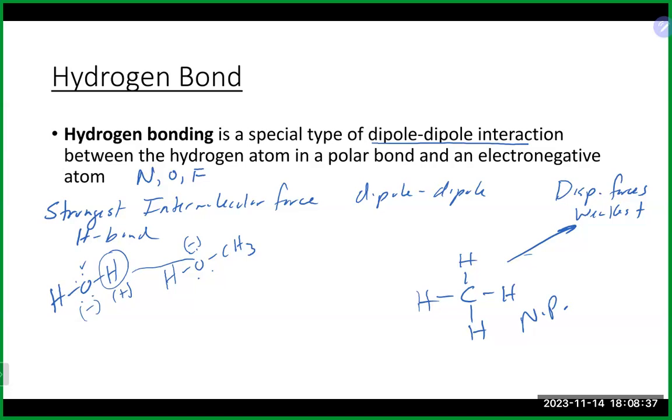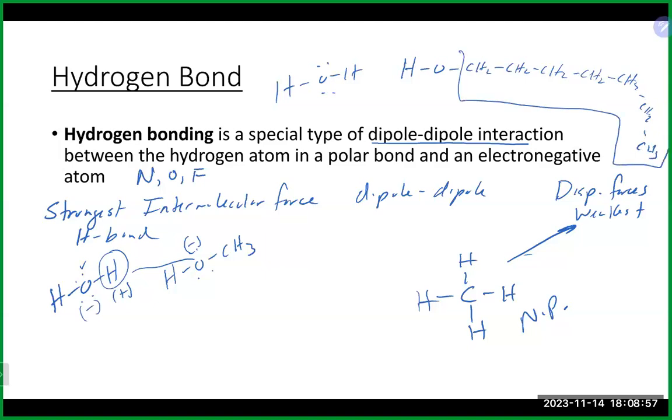Now, if you try to do that same thing with not methanol, but you add a lot more carbons there, so clearly all this is carbons and hydrogens, and all this part of the molecule is pretty much nonpolar. This part here is polar.